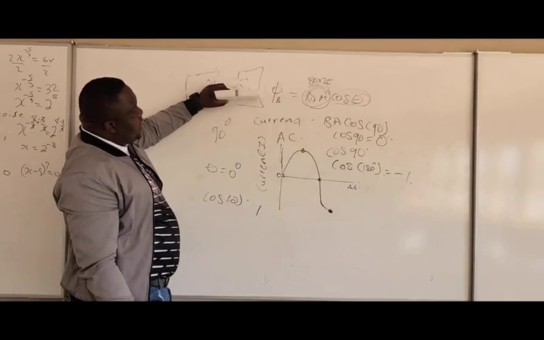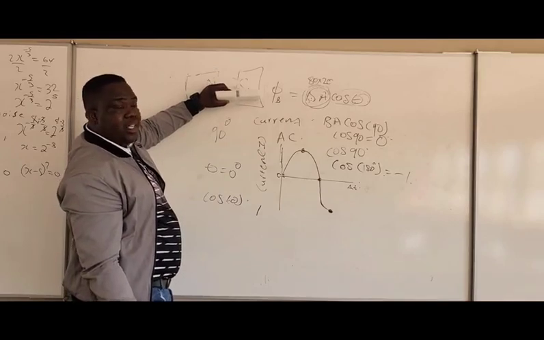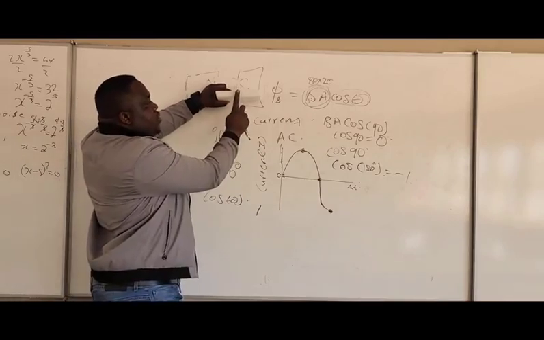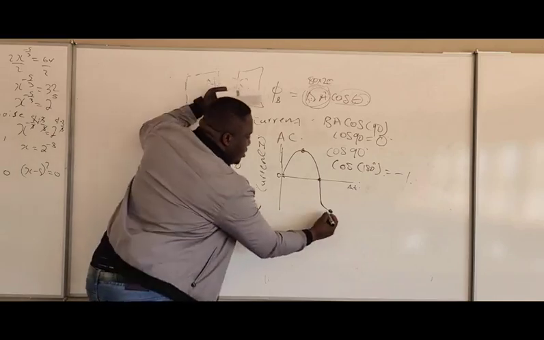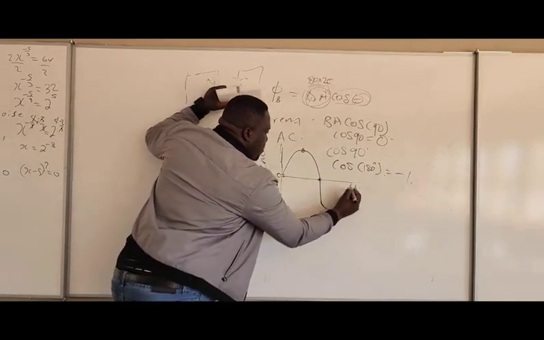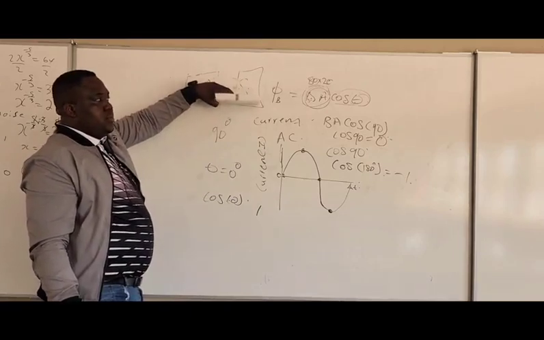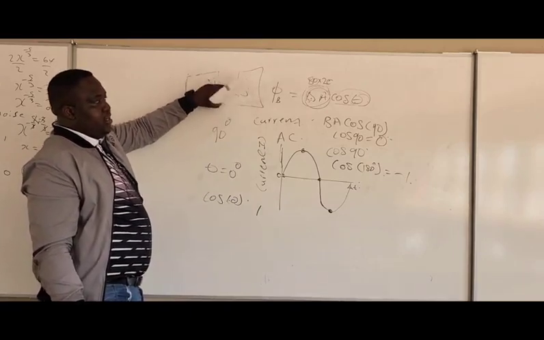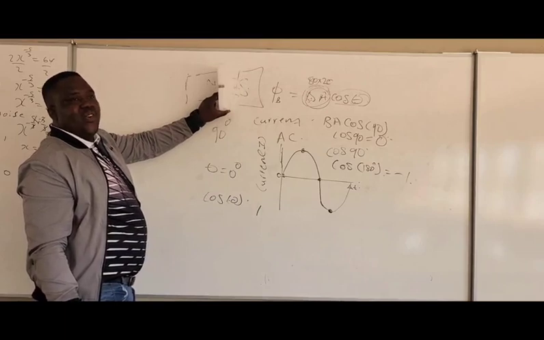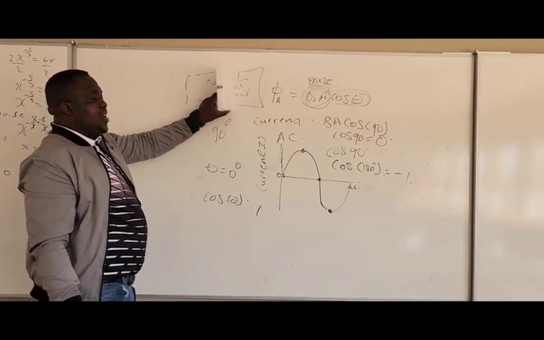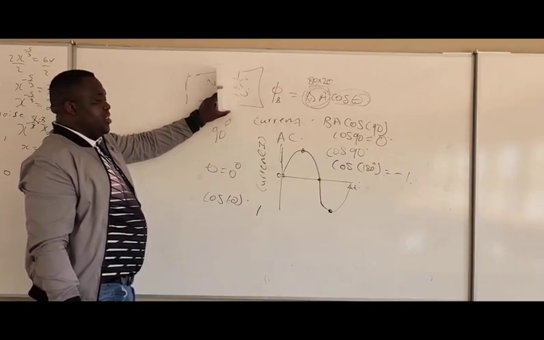Then when it turns like this again, it becomes what? 0, because the normal line is perpendicular to the magnetic field line. Then it goes up again. When it goes up, what will happen? It faces me again the way it was originally.